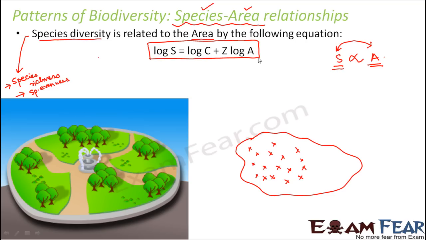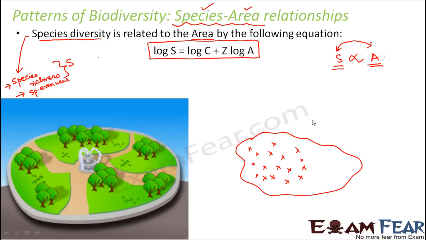Now, as I said, here the species diversity is mainly denoted by species richness, which we have denoted as S. S is directly proportional to A, the area explored. But this direct proportionality will continue only up to a certain limit. It will not be forever. It is not that as it keeps on exploring more and more area the species diversity keeps increasing.